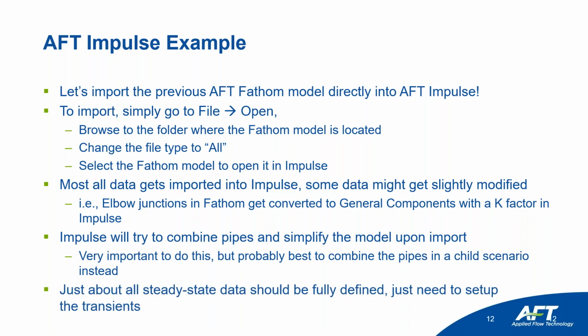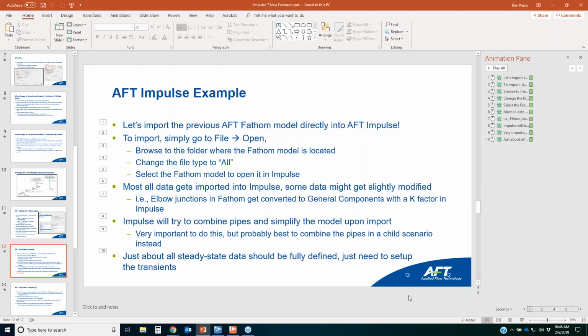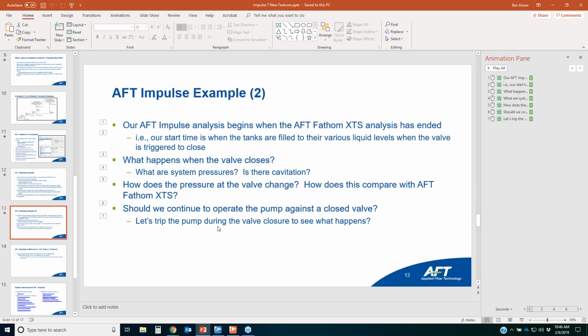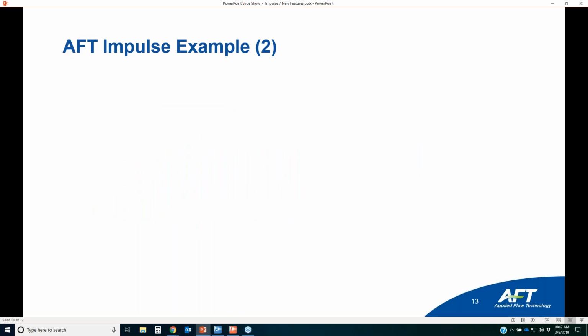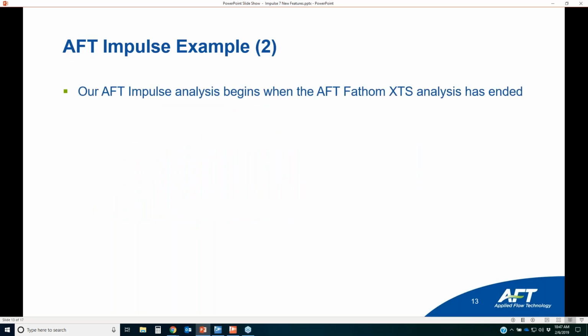Just about all your steady state data should be fully defined. So all you would really need to do in Impulse is define your transients, section your pipes, and do your transient control.